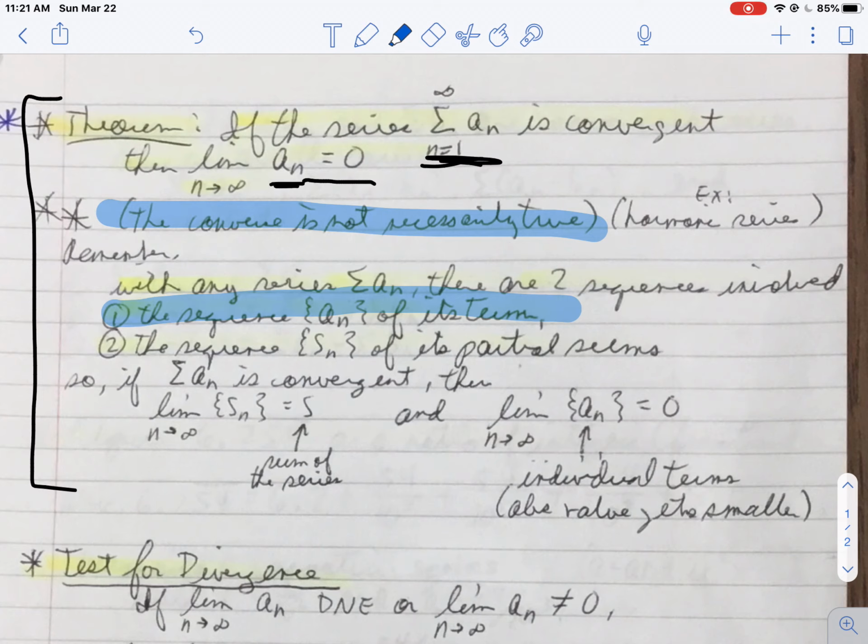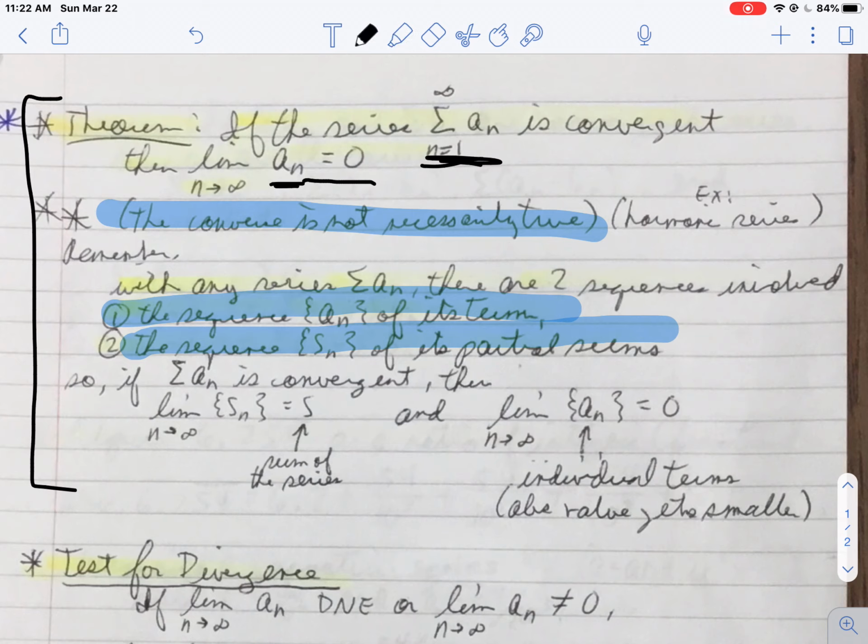And then we also have the sequence of partial sums, which is the other one that we've been talking about. We'd have to look at the limit of s sub n. And if our series is to converge, then the limit of s sub n, the sequence of partial sums, would have to converge.